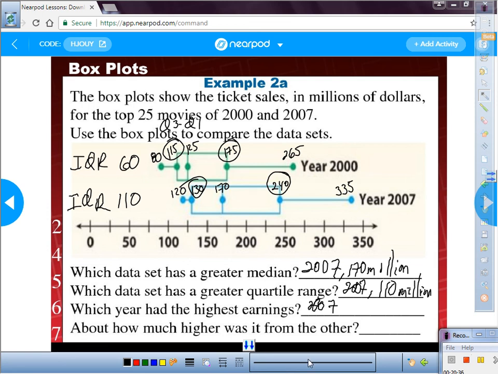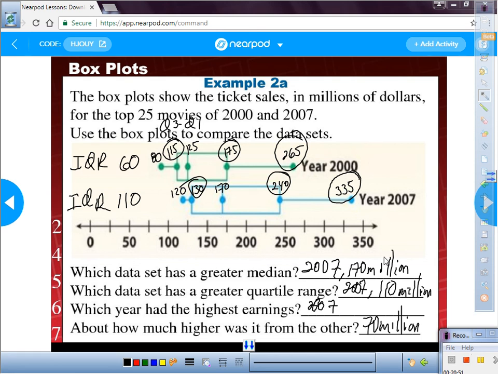Okay, the maximum was 335, and the other one is 265. So therefore, Omari, 70 million more. So 70 million more tickets were sold for 2007 than in 2000. And that's how you compare data once you set it into two.